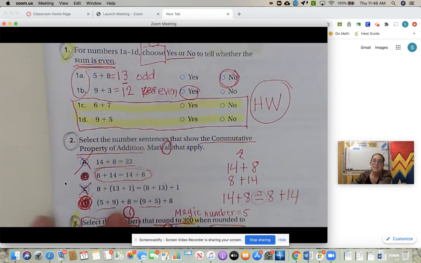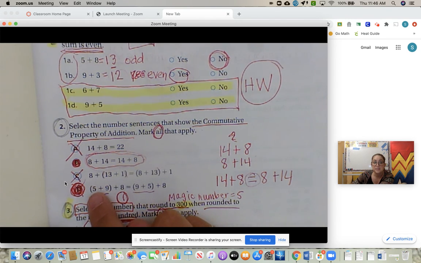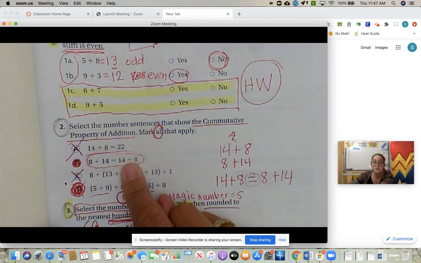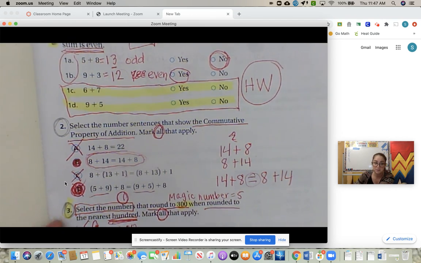And D is, but I don't want you to worry about parentheses just yet. The reason it is, is because here it says 5 plus 9, and over here it says 9 plus 5. So they are switched. But do not worry about parentheses just yet. I want you to be able to recognize that when there are two numbers, when you switch them, it's the commutative property.